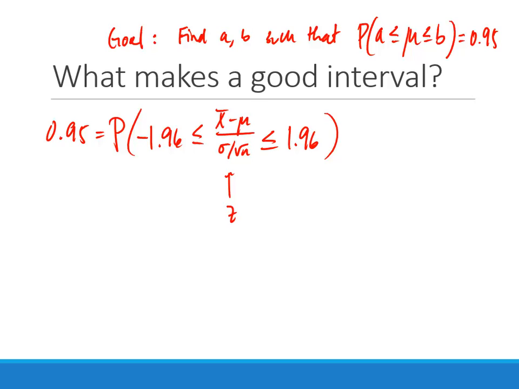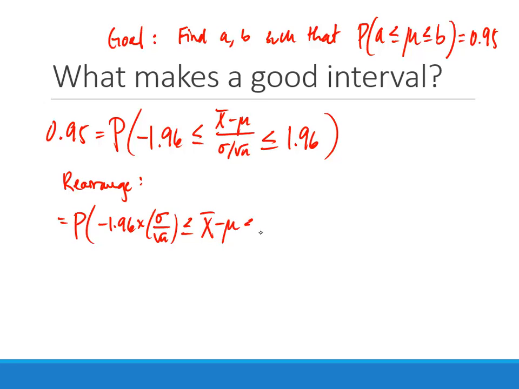Okay, and so now I just need to rearrange this. Notice I have a probability statement involving mu, so I can just rearrange it to get it in the form that I wanted up there at the top. If we rearrange, this is equal to the probability. I can multiply through by sigma over the square root of n, so negative 1.96 times that, and do the same thing on the upper bound.